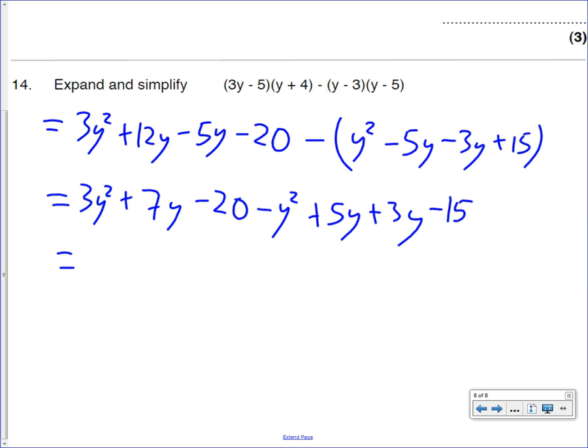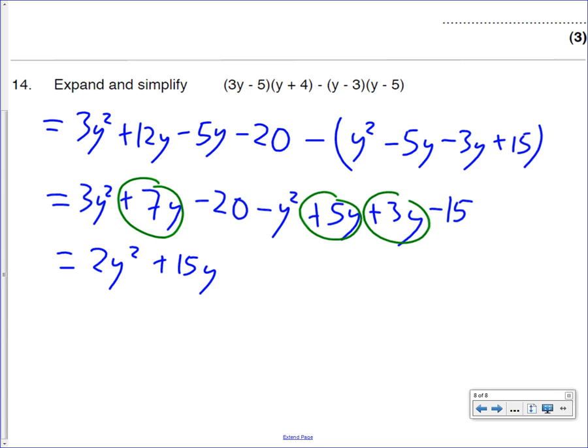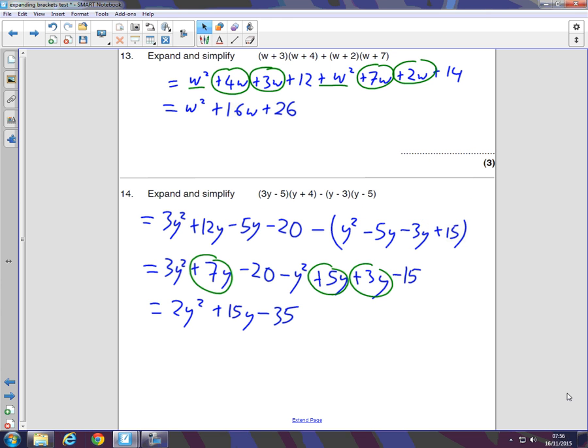So I get 2y squared, and we've got plus 7y, plus 5y, plus 3y, which is plus 15y. I've got minus 20, minus 15, which is minus 35. And there we go, that's all the answers to the test.